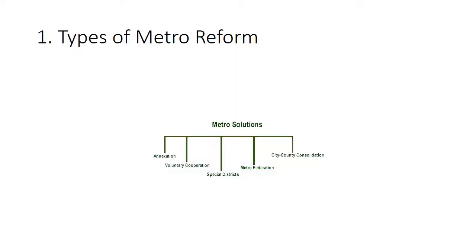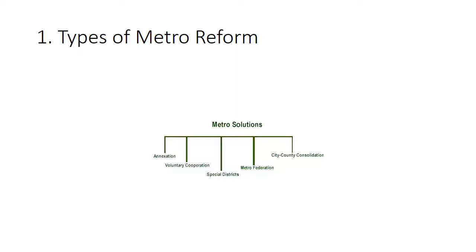So that kind of thing you find in a few places in the United States. Metropolitan government as such, that is metro federation and city-county consolidation, those things have not really caught on in the United States, largely because existing governments don't trust the idea of going out of business and having some metropolitan government running the show. Anyway, you have that kind of thing in a few places throughout the United States.